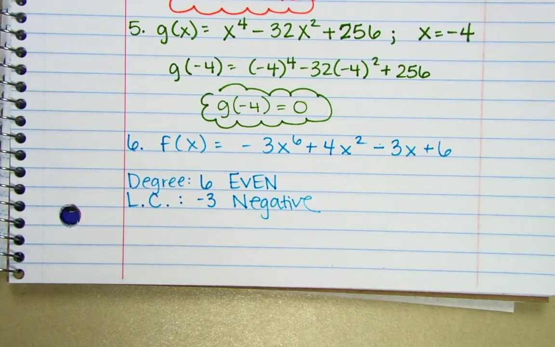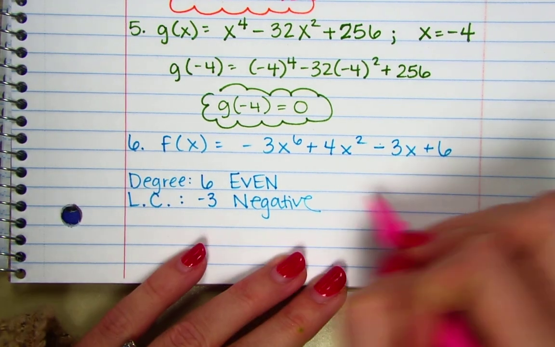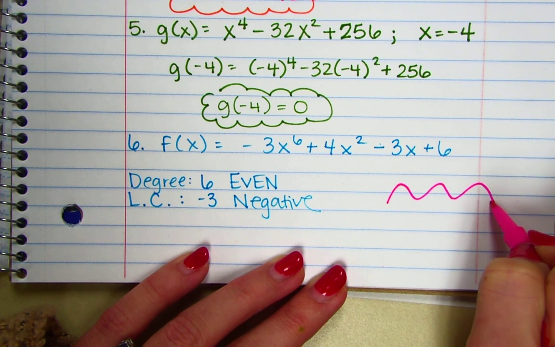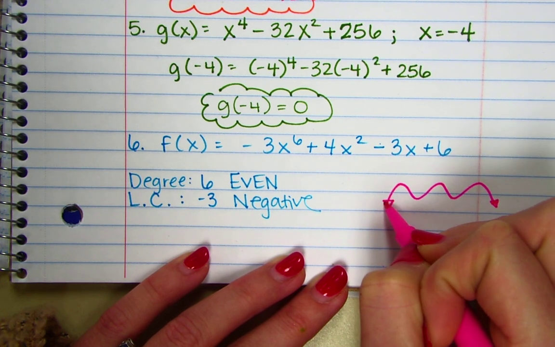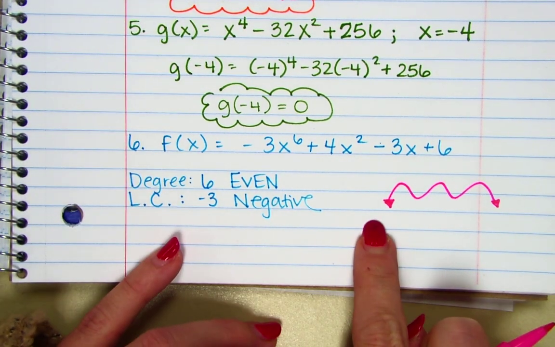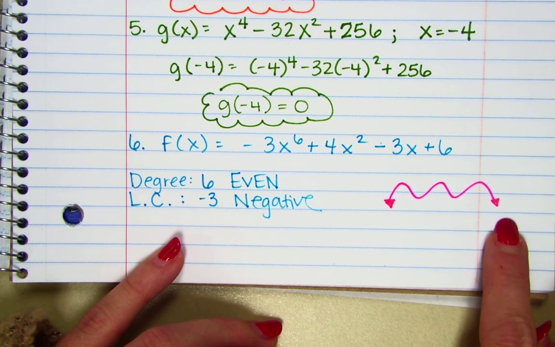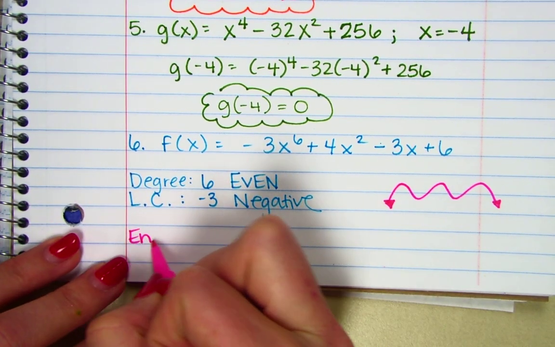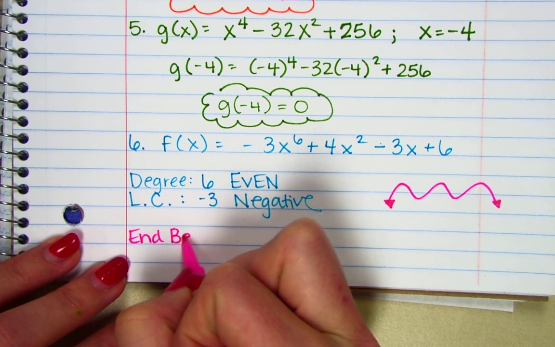So I'm going to just draw a little sketch of it. Okay, it's 6, so it's going to go 1, 2, 3, 4, 5, 6. Okay, on the left-hand side, it's going down. On the right-hand side, it's going down. We can write exactly what the end behavior is from our first page.